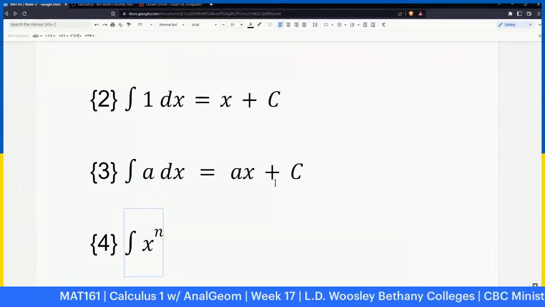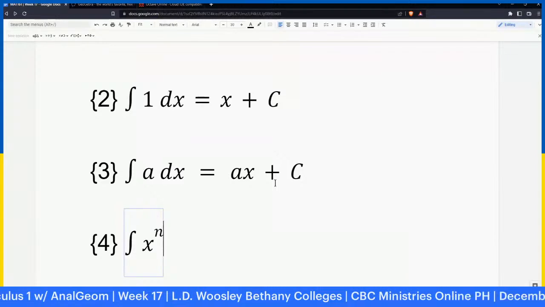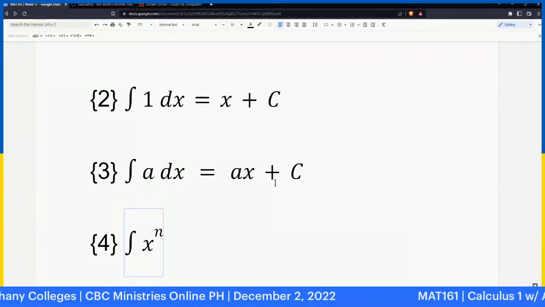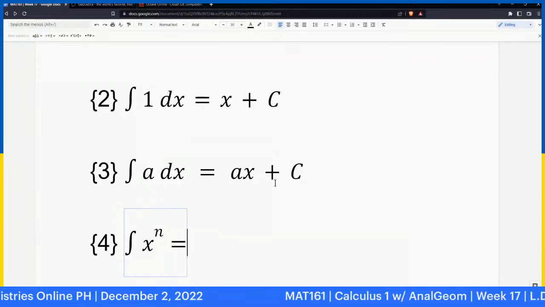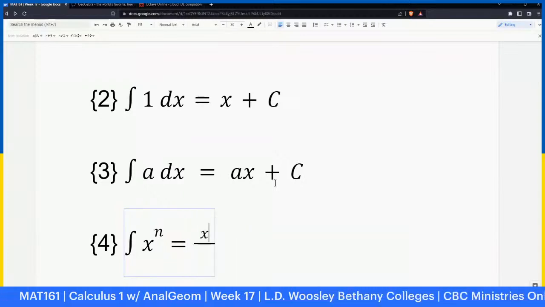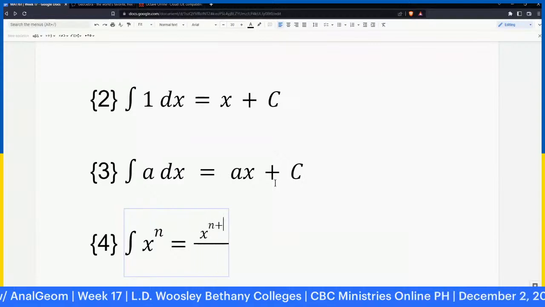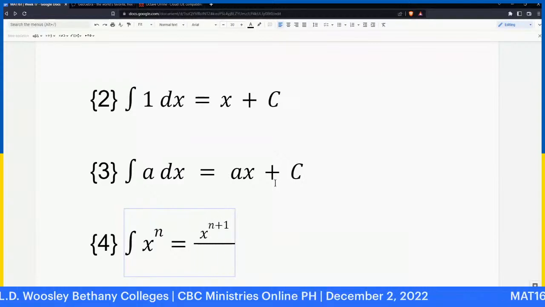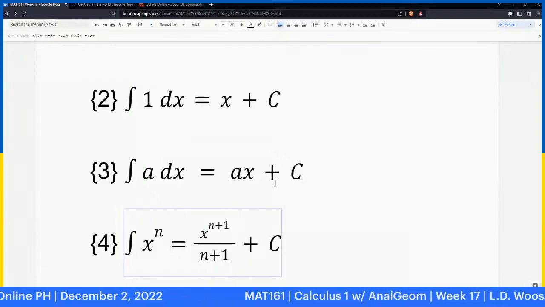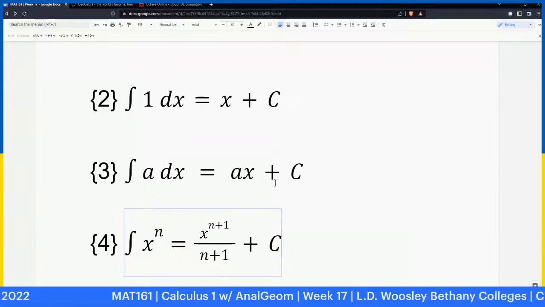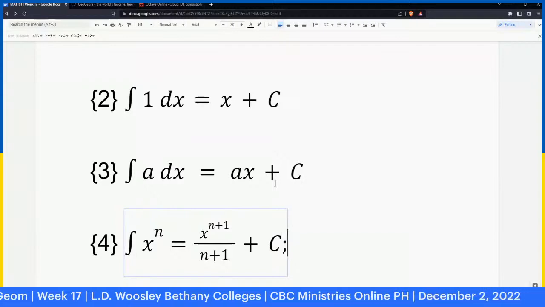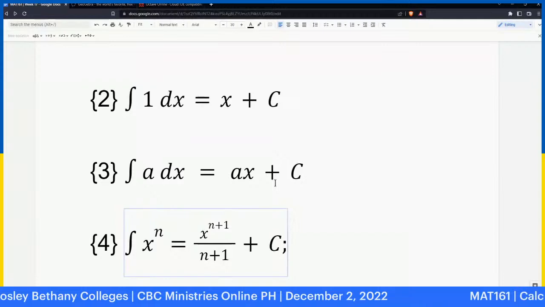But when you integrate, instead of subtracting 1, you will add 1. So, the answer here would be in this manner. Try to experiment. X raised to n plus 1 all over n plus 1 plus c. That's the formula. Let's have an example here.